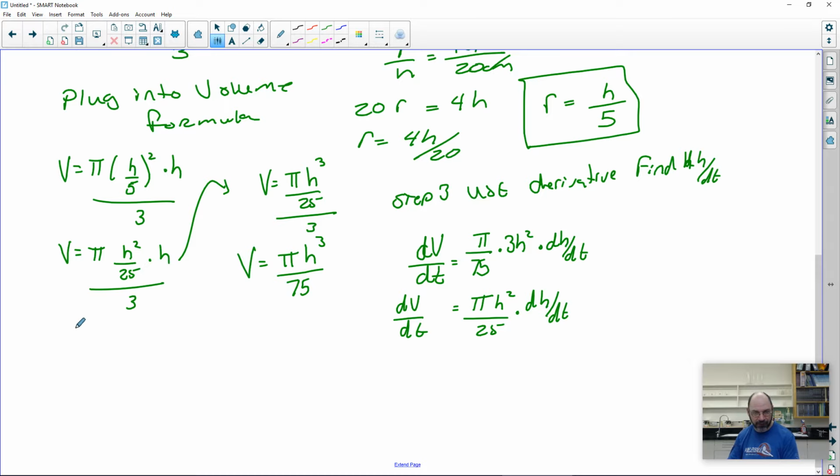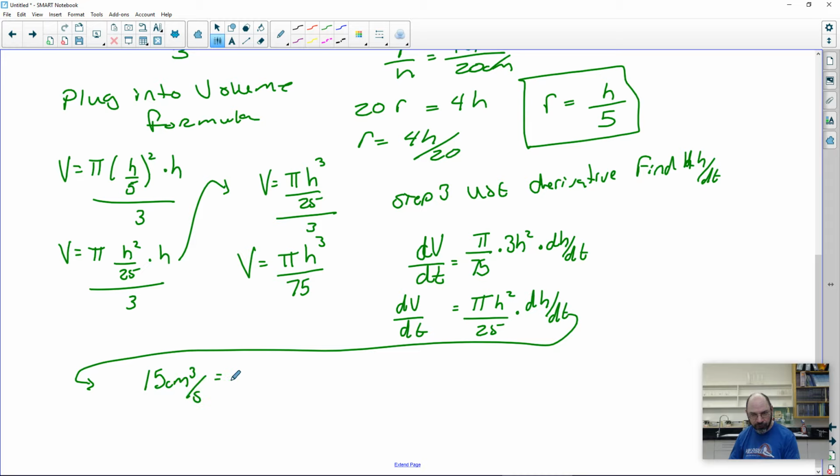Okay, so let's plug it in. Okay, 15 centimeters cubed per second equals pi times 9 centimeters squared times dh/dt, and this was over 25.